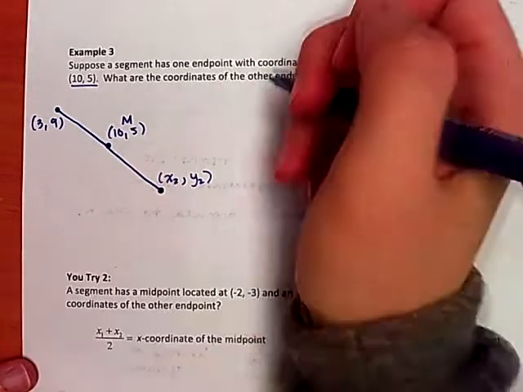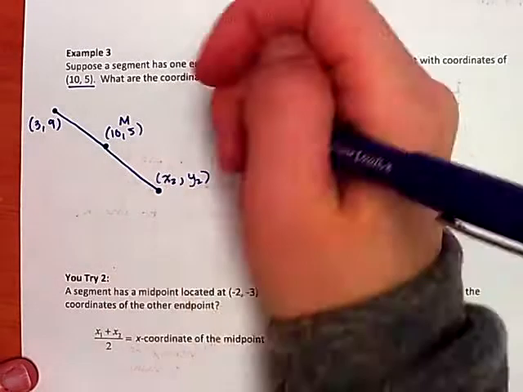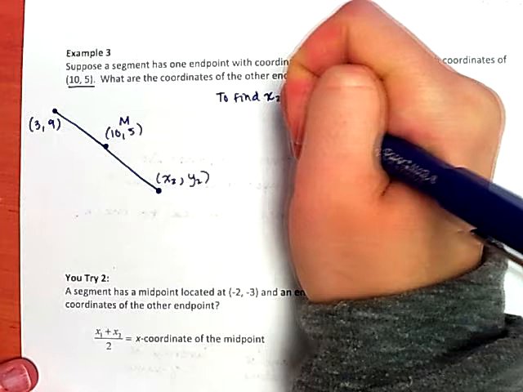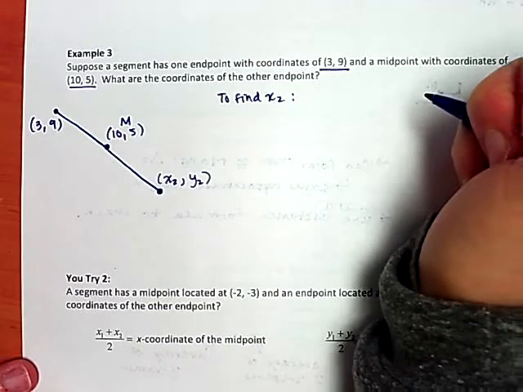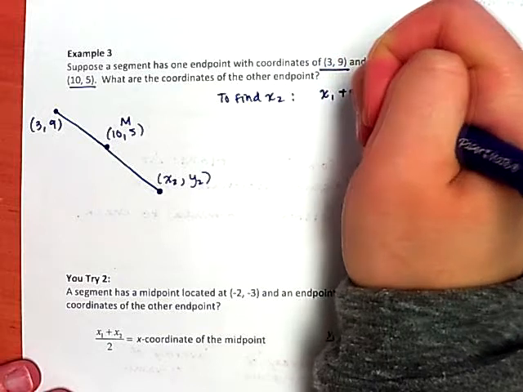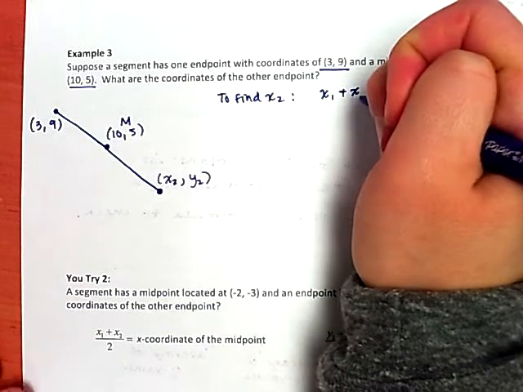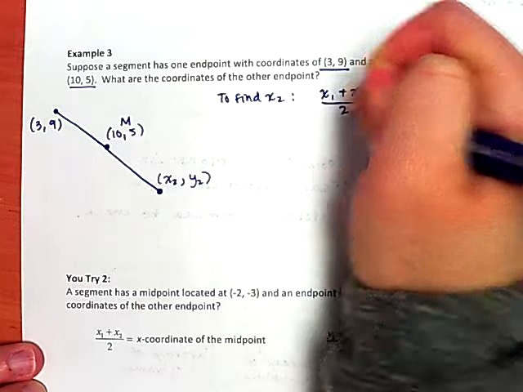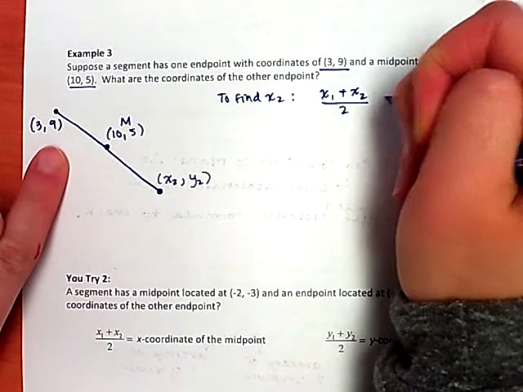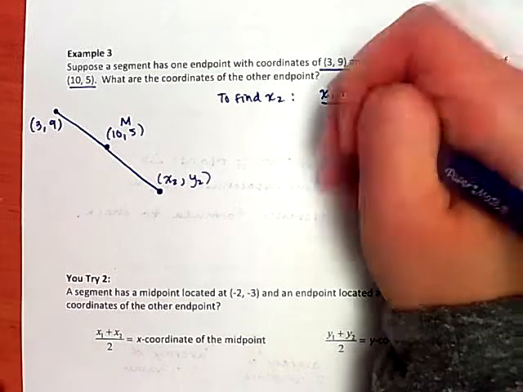So I'm going to start by thinking about finding x2. To find x2, I would set up x1 plus x2 over 2, and sorry, I got distracted because someone just tried to come in.